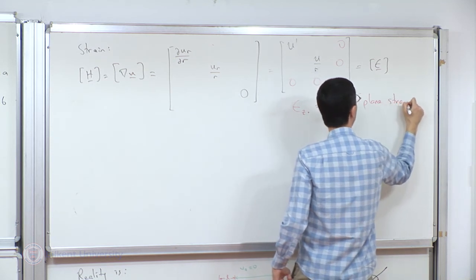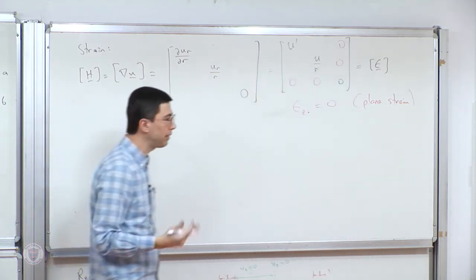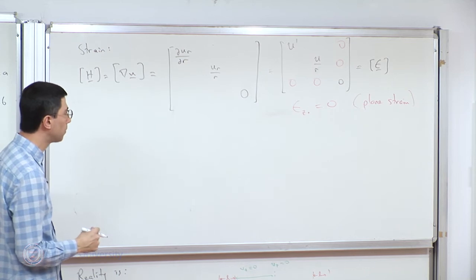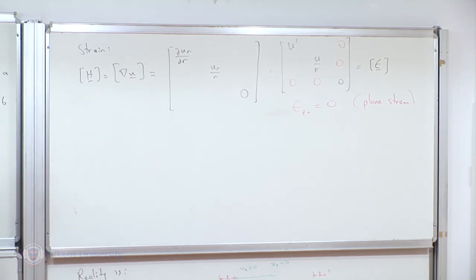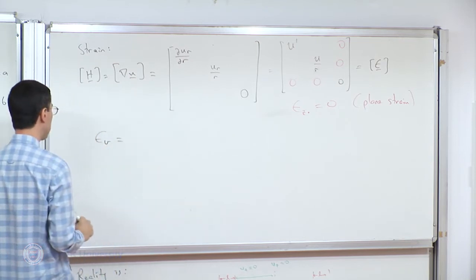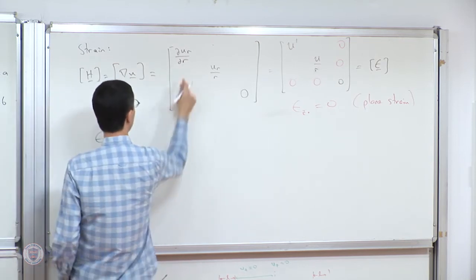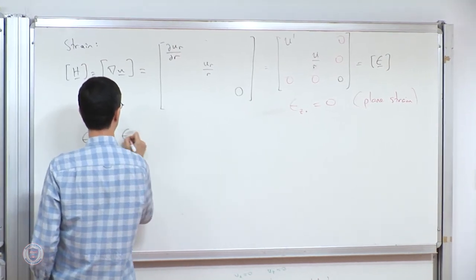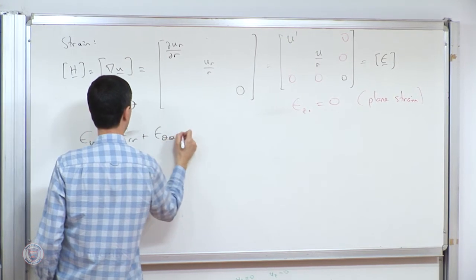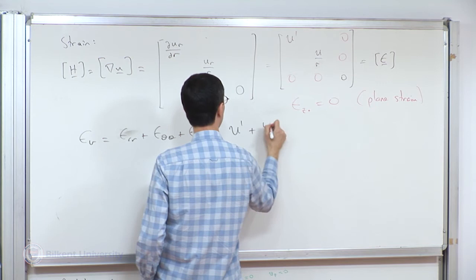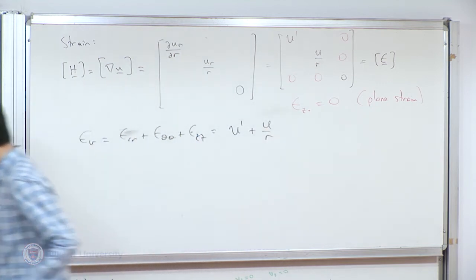It could be that anything that has to do with r or anything that has to do with theta is 0. Then we would also have plane strain. But this is the plane strain case that we are now encountering. And next time, we're going to look at a plane stress case. Let's look at the volumetric strain. That is the sum of the diagonals as usual. So it is epsilon rr plus epsilon theta theta plus epsilon zz, which is u prime plus u over r.